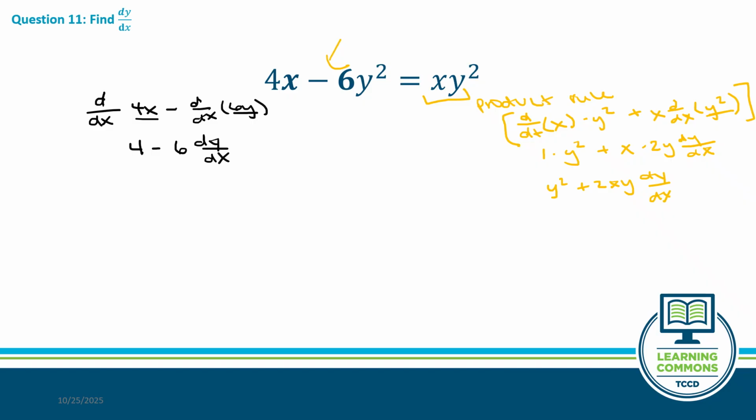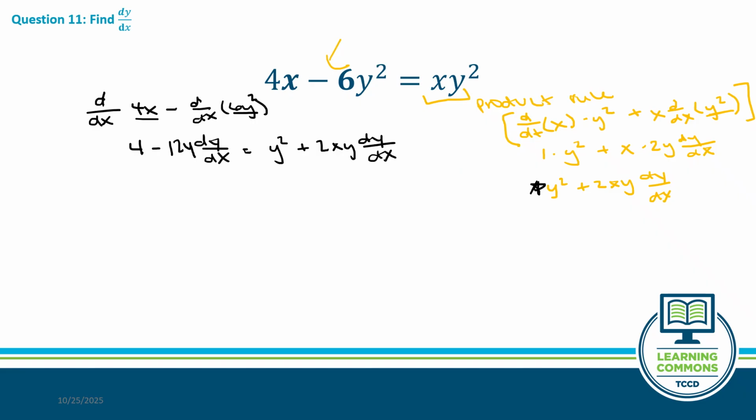Oops. Oh, never mind. I miscopied. It'd be 6y squared. It'll be 12y dy/dx. And then I'm going to bring this piece back over. Equals y squared plus 2xy dy/dx.